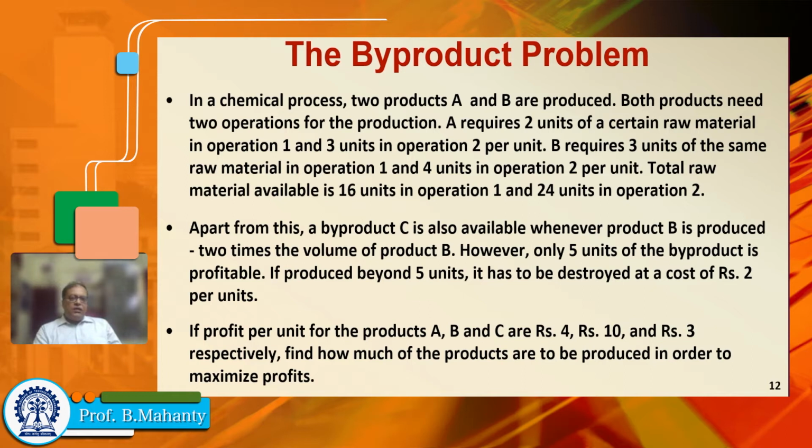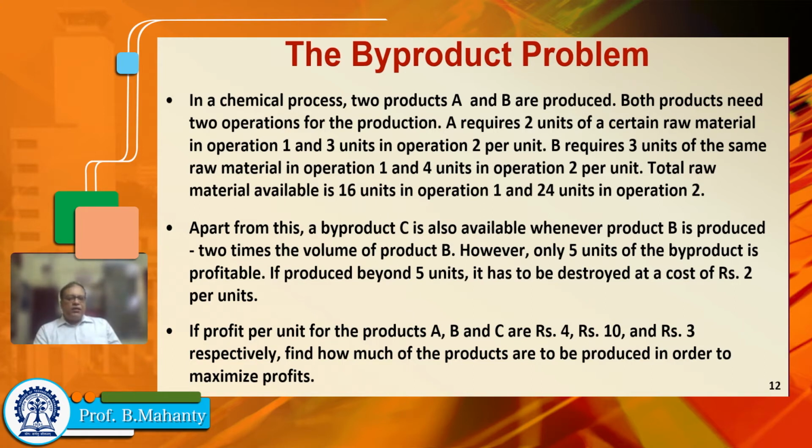Remaining units are not only not profitable, but they are to be destroyed at a cost of ₹2 per unit. So these are the issues, and if profit per unit for the products are ₹4, 10 and 3, find how much of the products are to be produced in order to maximize profit.